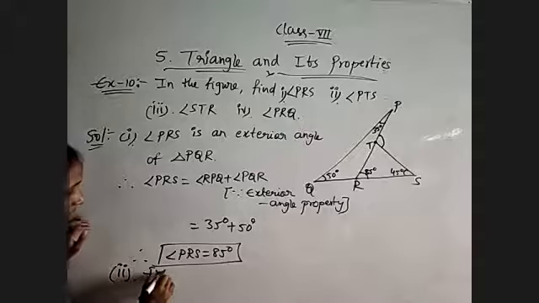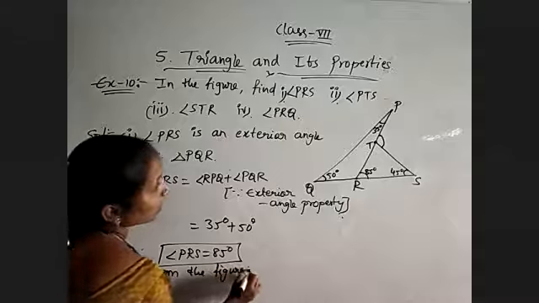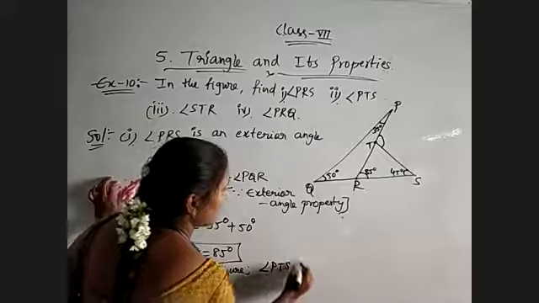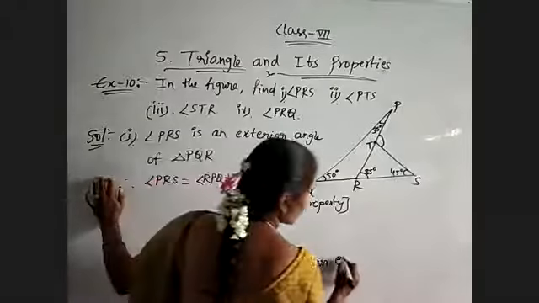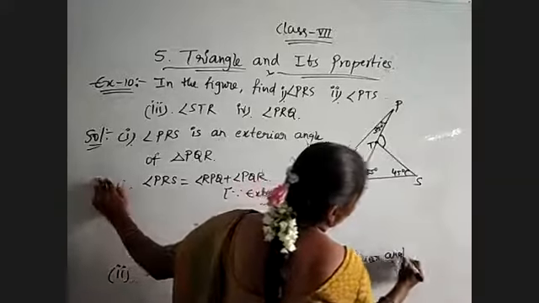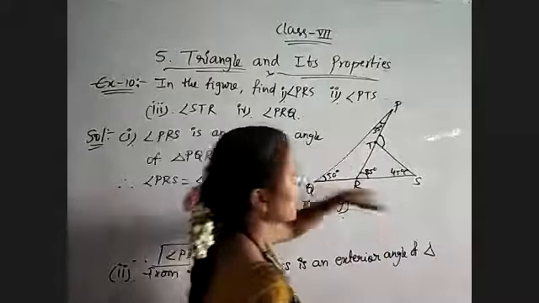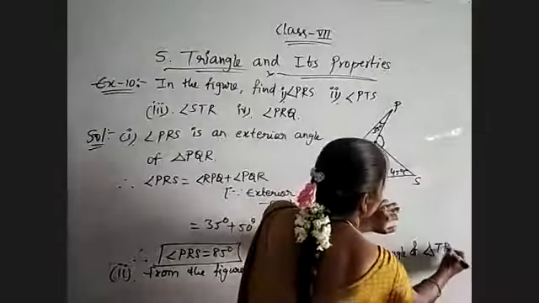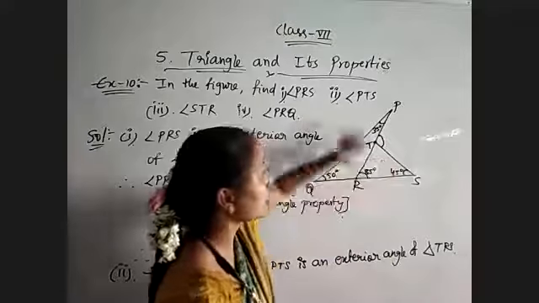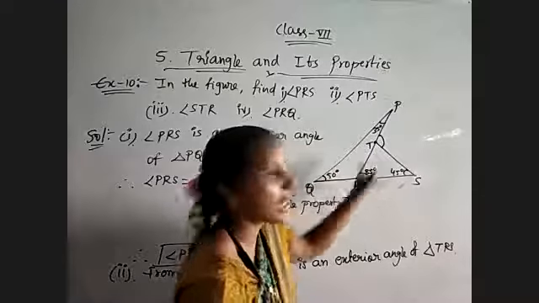From the figure, angle PTS is an exterior angle of triangle, here the triangle is different, TRS. PRS is an exterior angle for this triangle, and this is an exterior angle for this triangle, TRS.